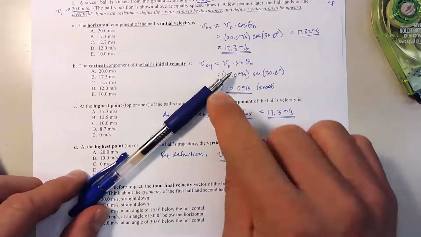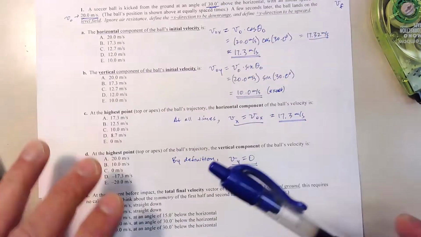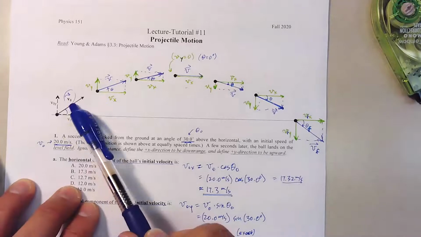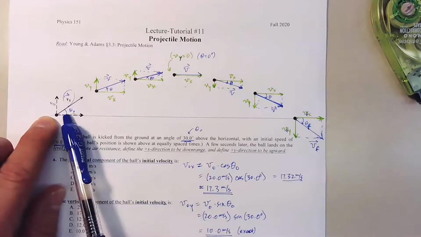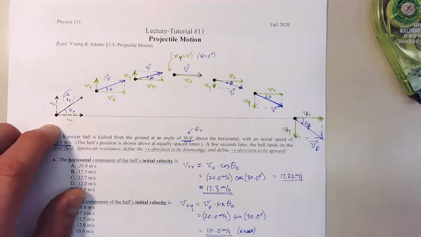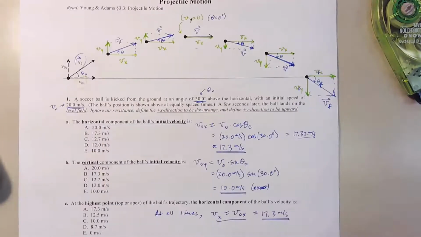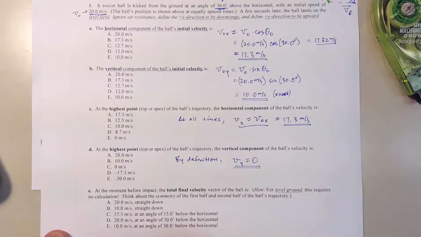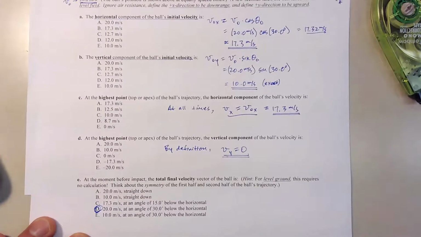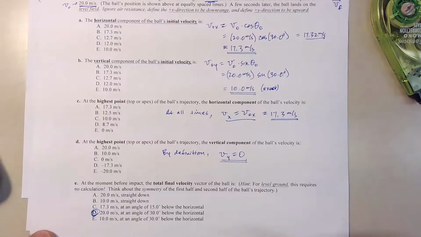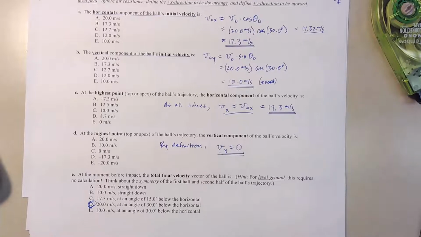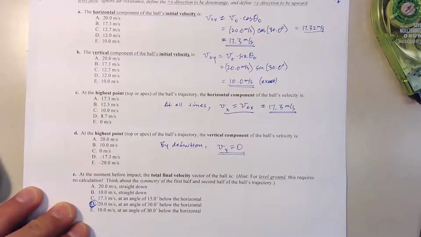So right at landing, we'd expect the speed to also be, let's look at the diagram, 20 meters per second here, 30 degrees above the horizontal at launch. So right at landing, we'd expect it to also be 20 meters per second, 30 degrees below the horizontal, just by symmetry. Okay, so that looks like D. You can do a lot of calculation and prove that to yourself, but the nice thing is just from the symmetry of the parabola, we could just do that directly.